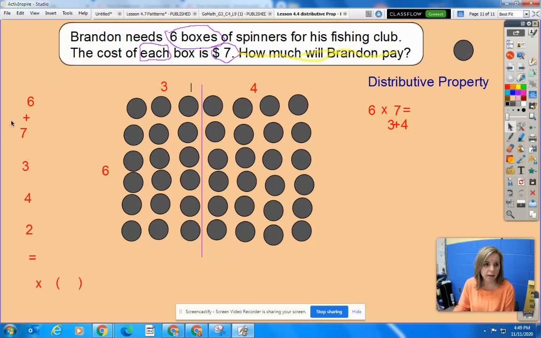And then I still have 6 going down. So now I'm ready to use some parentheses to group these. So I'm going to say my multiplication for this side right here is going to be 6 times 3. Get my times sign. And I'm going to put parentheses under here.